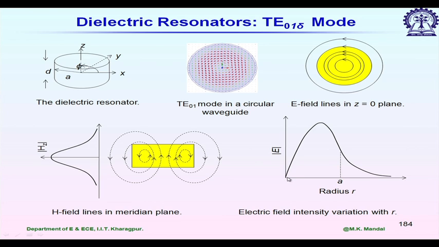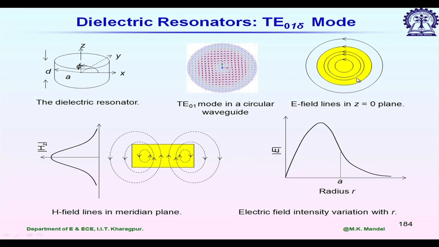You can see that at center it is 0, then it is increasing, having a maximum inside the dielectric, and r equal to a represents the air dielectric boundary. Above a, that means in air, it decays exponentially.